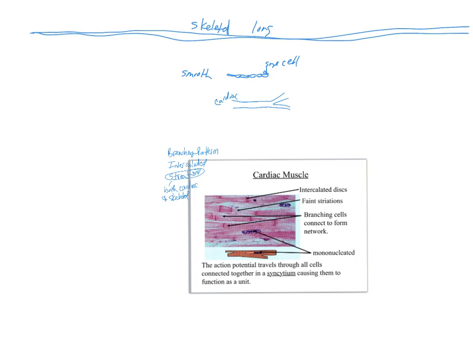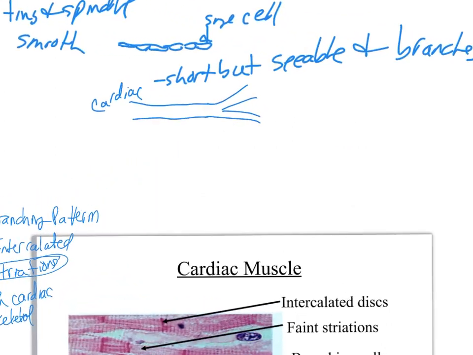Skeletal is long and linear. Smooth muscle is tiny and spindle shaped. Whereas cardiac is short but seeable, and it branches.